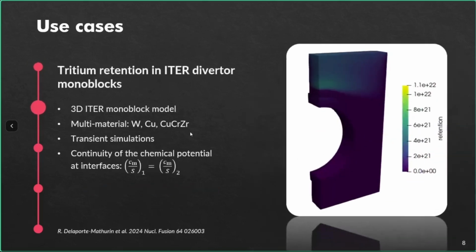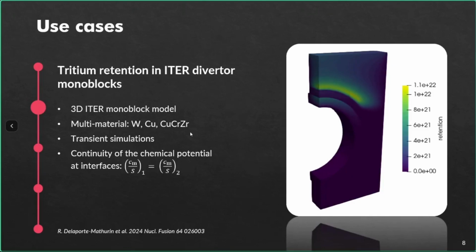The next impressive case is related to the work of Rémi on hydrogen retention in ITER divertor monoblocks. It's a 3D model, well, not full, but a part of it due to some symmetries, that also includes three different materials with special treatment of interfaces.